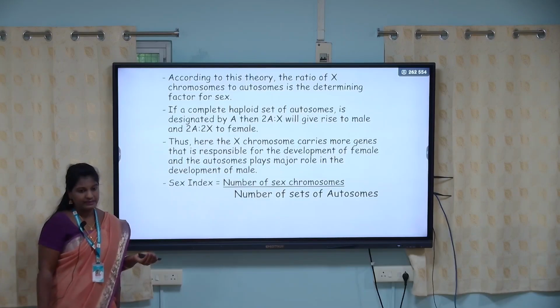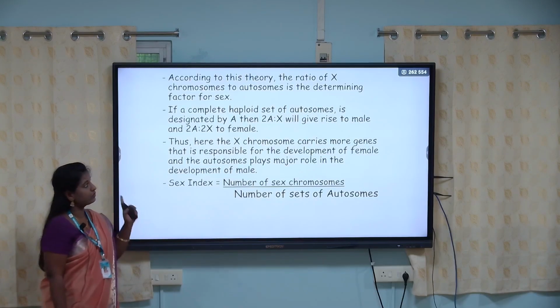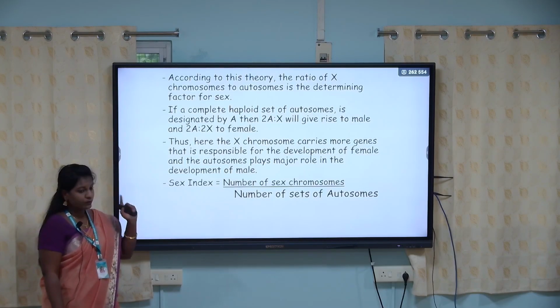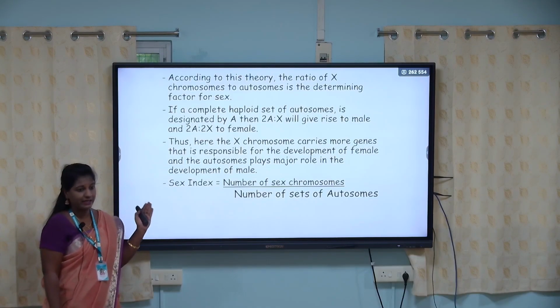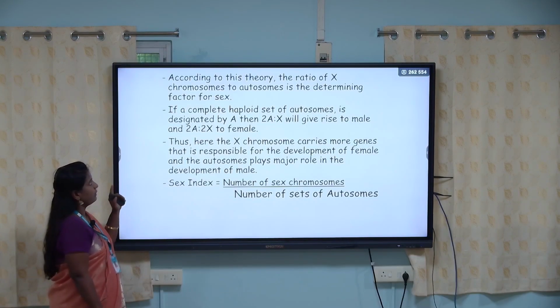According to this theory, there is a ratio calculation. The ratio of X chromosomes to autosomes, that is sex chromosomes to autosomes, is the determining factor of sex in genic balance theory.